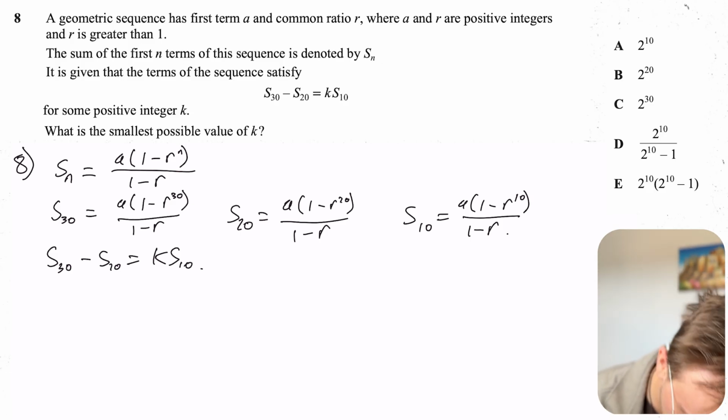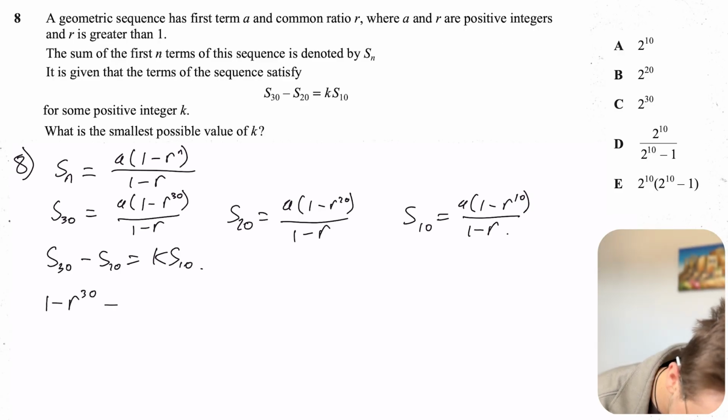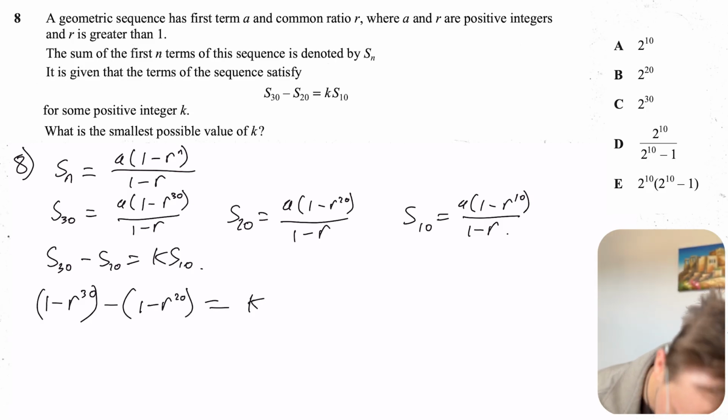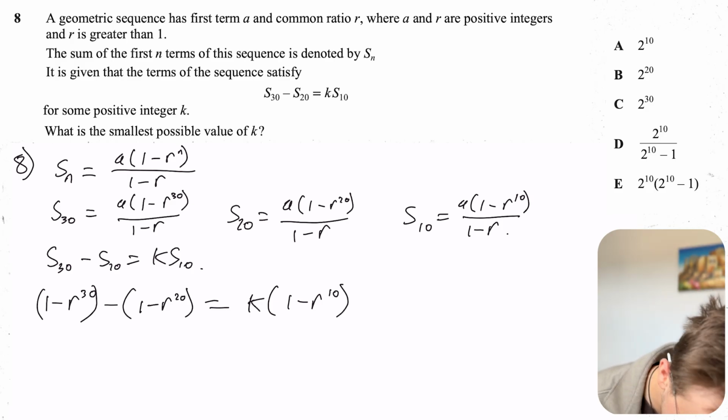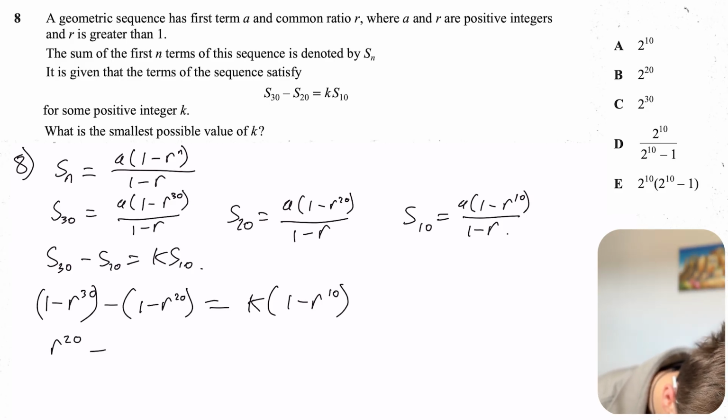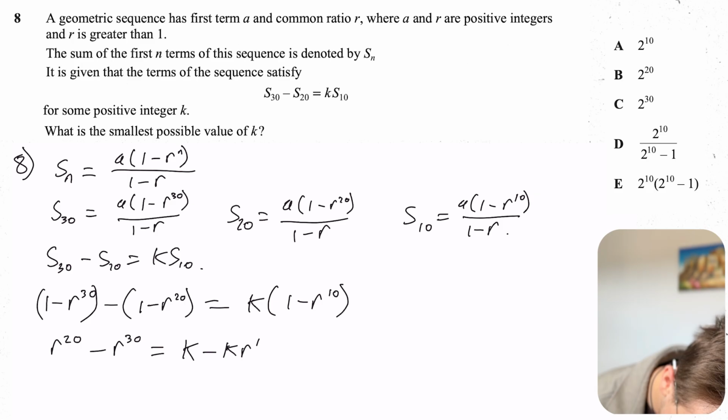So I'm going to eliminate all the denominators because they're definitely going to cancel, and all the A's as well. That makes it easier. (1 minus r to the 30) minus (1 minus r to the 20) equals K times (1 minus r to the 10). So I've got r to the 20 minus r to the 30 equals K minus K times r to the 10.